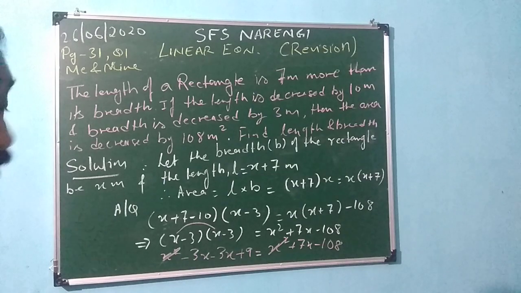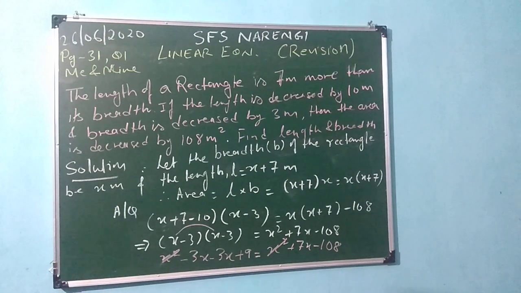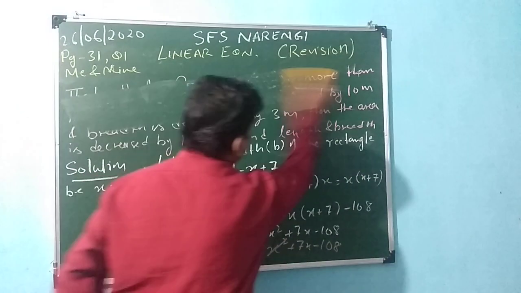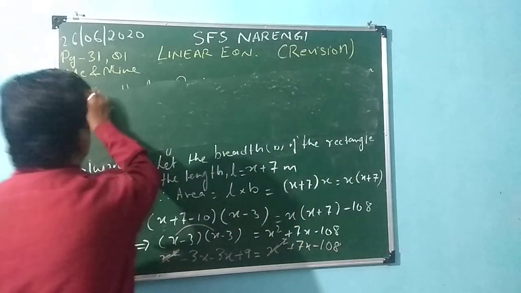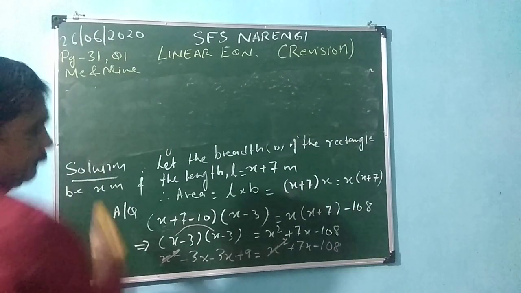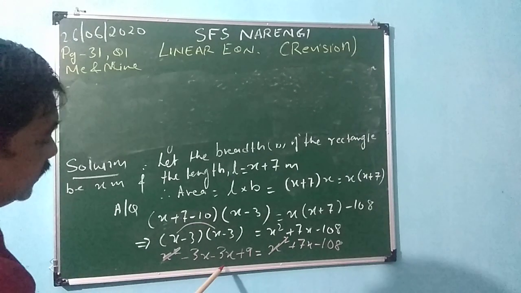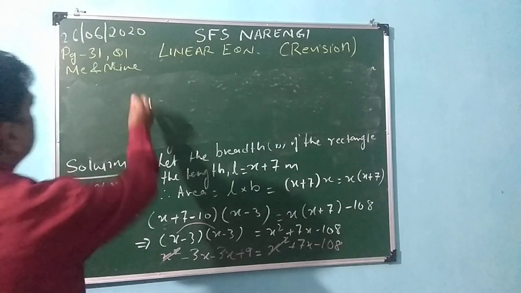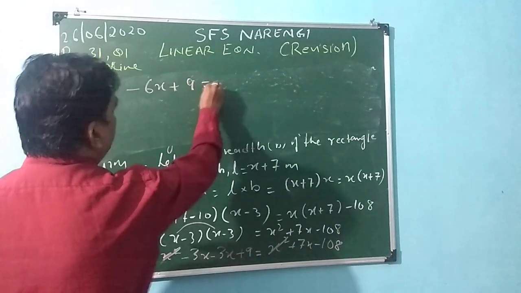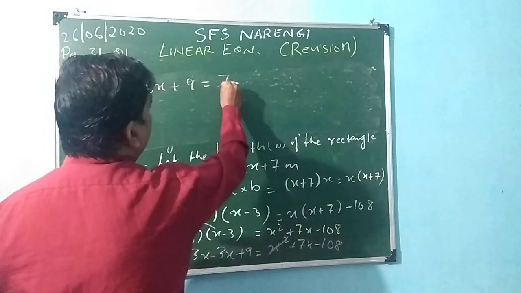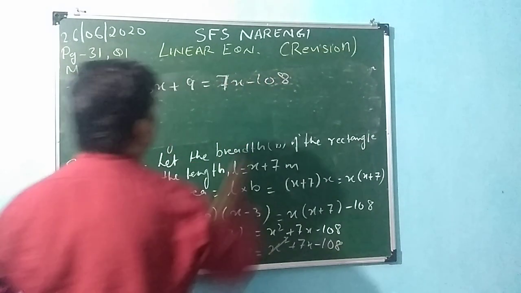Now we have to find out the value of x. Now see here, minus 3x minus 3x is minus 6x. Then you have plus 9 equal to 7x minus 108.